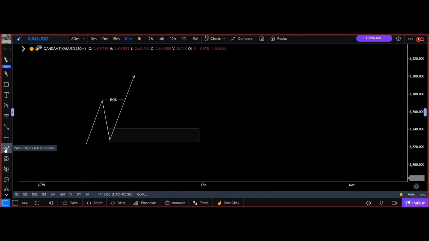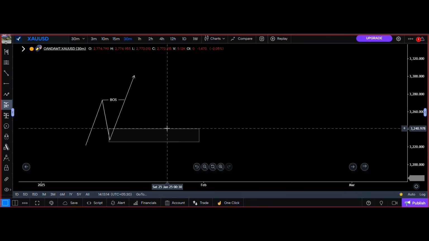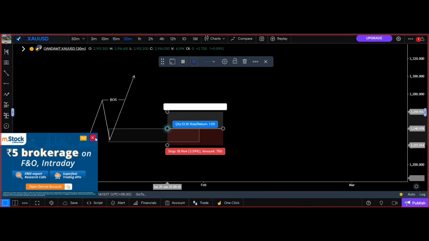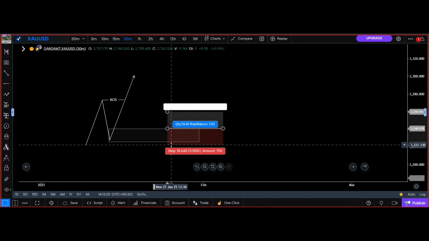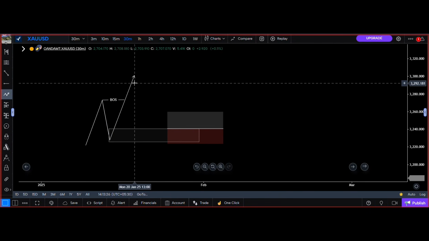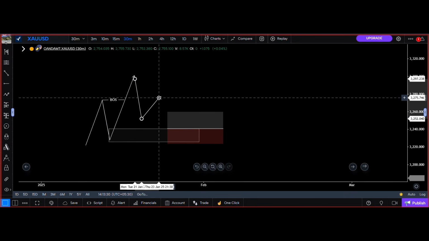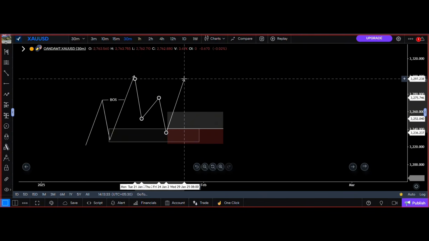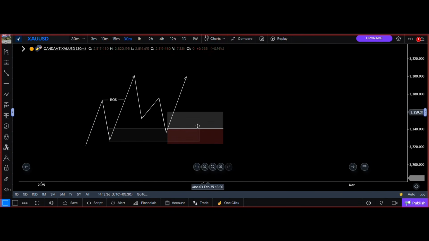Then we put our entry at this demand and put our SL a little bit below this zone. Then the market comes back, taps the entry, and goes up following the trend.